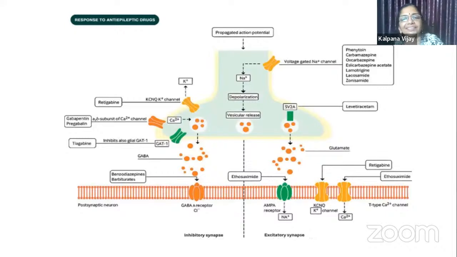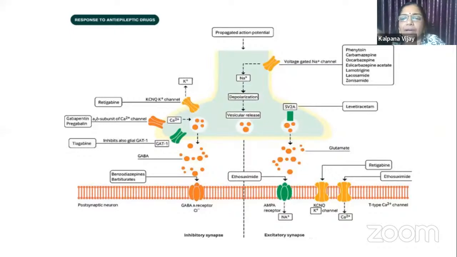So one more, this is actually the last slide. There is no answer here. What I have put is the mechanism of action of anti-epileptic drugs. Our students were telling that this was very commonly asked. So this is the picture that is given in Nelson.